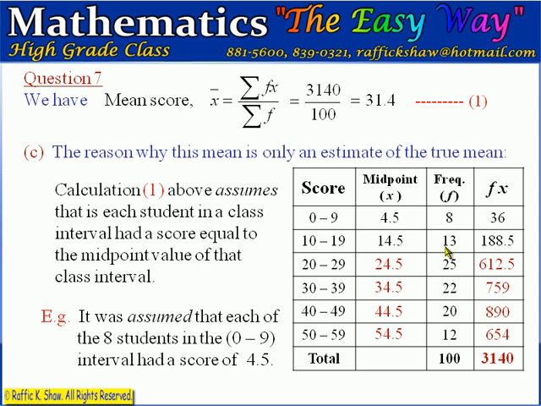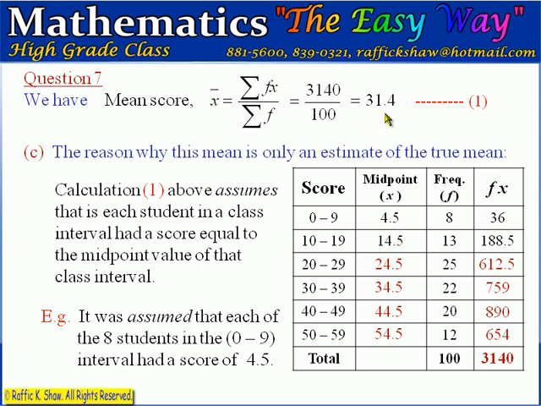In this second group, it was assumed that each of the 13 students from this group had a score of 14.5, and so in all the cases the midpoint of the group was used to represent the entire group, to the extent that it was assumed that all the students in a group had a score equal to the midpoint of that group.